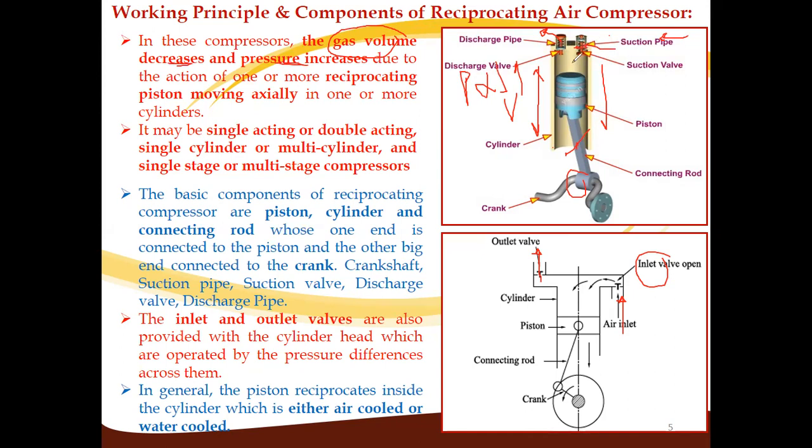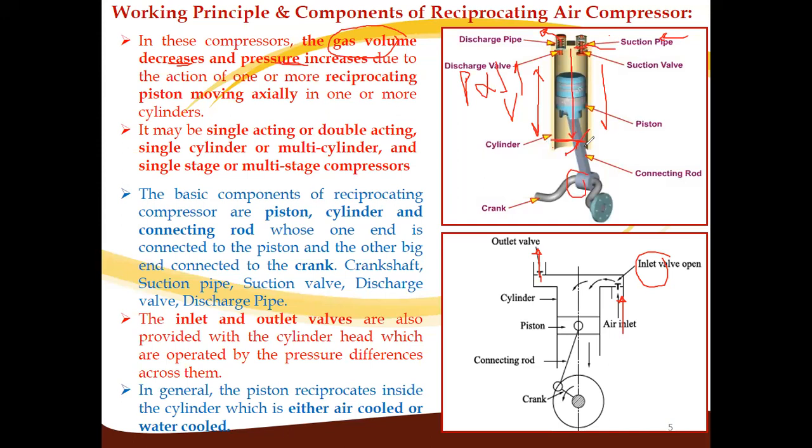At the bottom dead center, the atmospheric air gets filled in this cylinder when the piston moves from the top dead center to the bottom dead center, that is, in the downward stroke. That stroke is called the suction stroke.